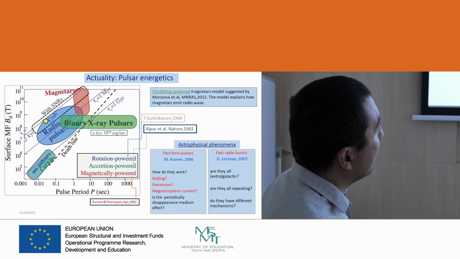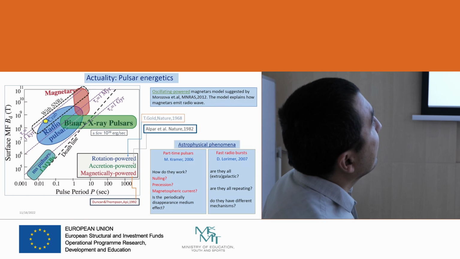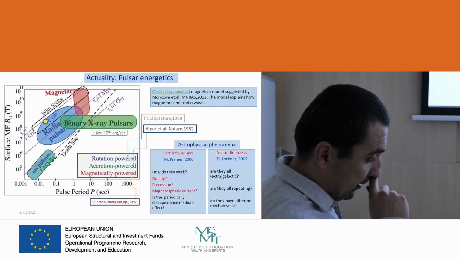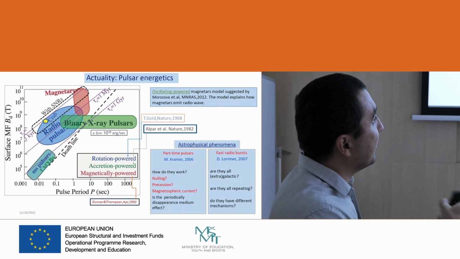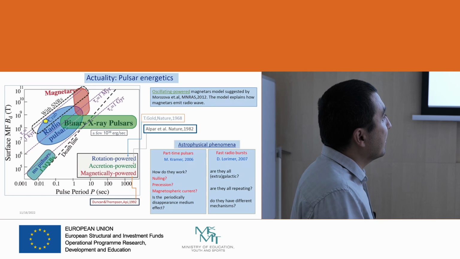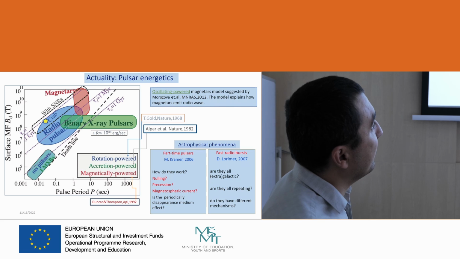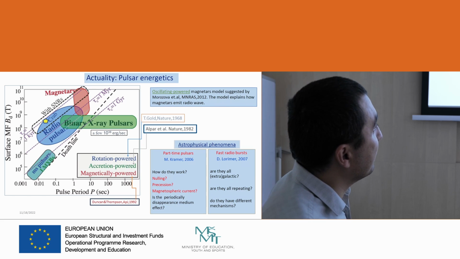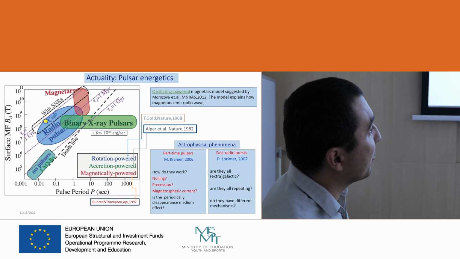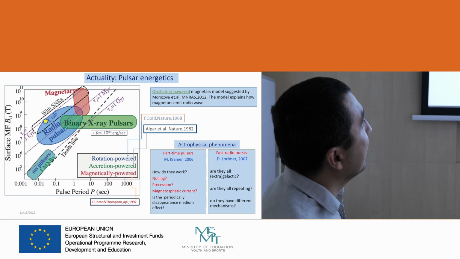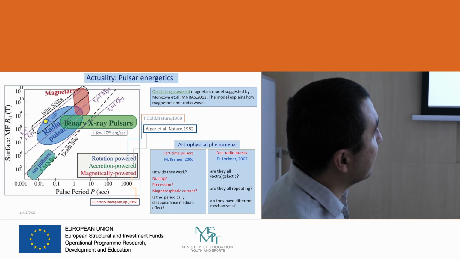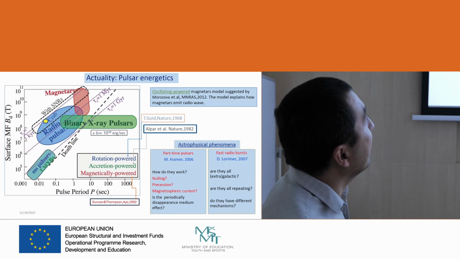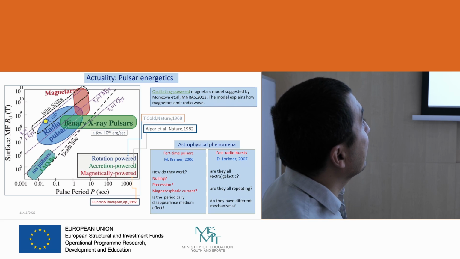Here are some more energetic source models for pulsars. For example, the rotation powered model, and the accretion powered model suggested for binary X-ray pulsars, and the magnetically powered model suggested by Duncan for magnetars.